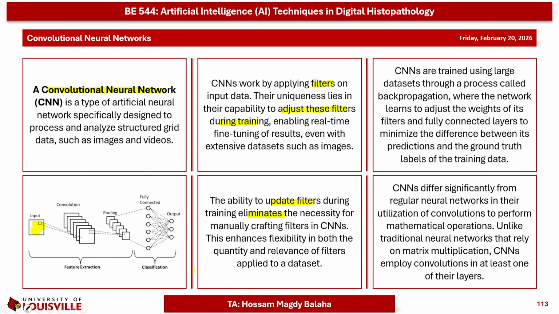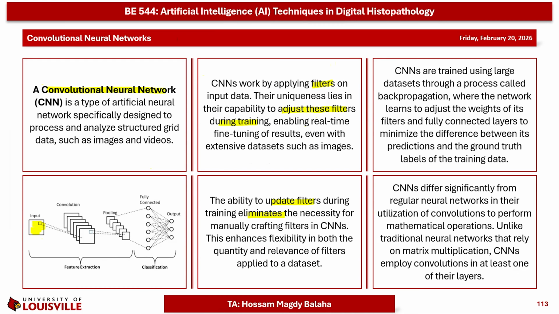Let's say we are gathering the area of the nuclei and the number of nuclei in a specific tile. These are all features, and we will later inject them into a machine learning model like KNN or support vector machine. But the story here is different. In CNNs or deep learning, the adjusted filters eliminate that by training those filters on the input so that they can extract the features automatically.